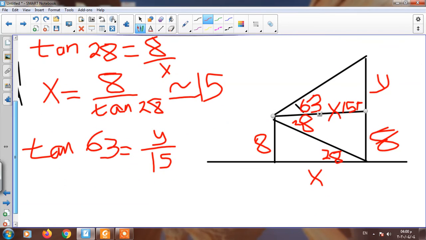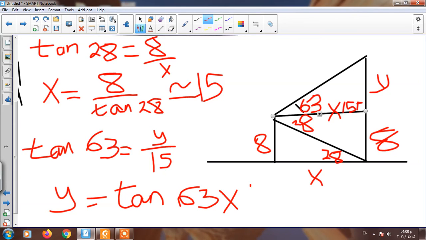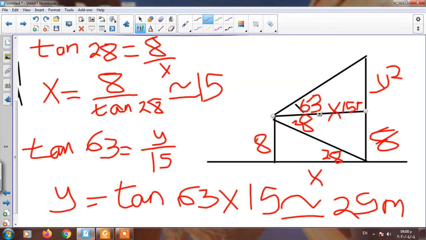So here y will be tan 63 times 15, which is approximately 29 meters. Now this part is 29 and this is 8.